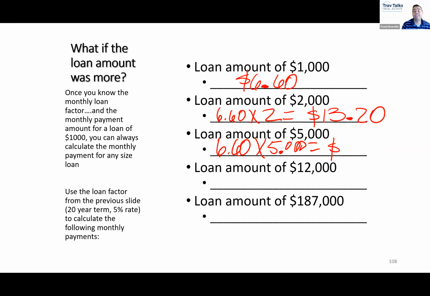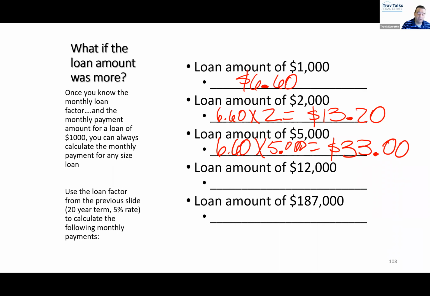Y'all better learn to read. $33. Y'all better start paying attention to those decimals. I'm telling you, you can't just throw numbers in the calculator and not pay attention to decimals. They matter.